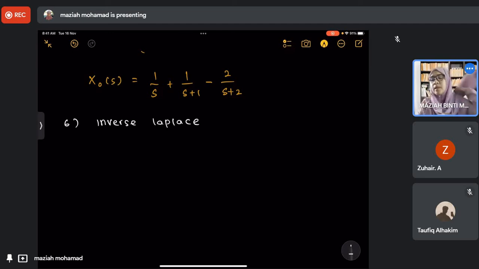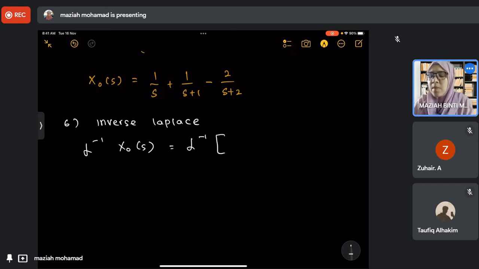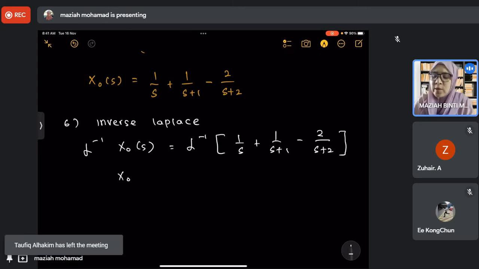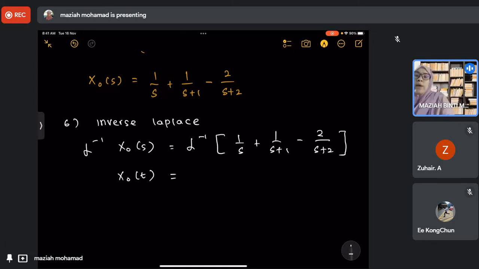Okay, so we're going to inverse Laplace X naught s, equal to the Laplace form 1 over s plus 1 over s plus 1 minus 2 over s plus 2. Therefore, x naught t will equal to 1 over s.